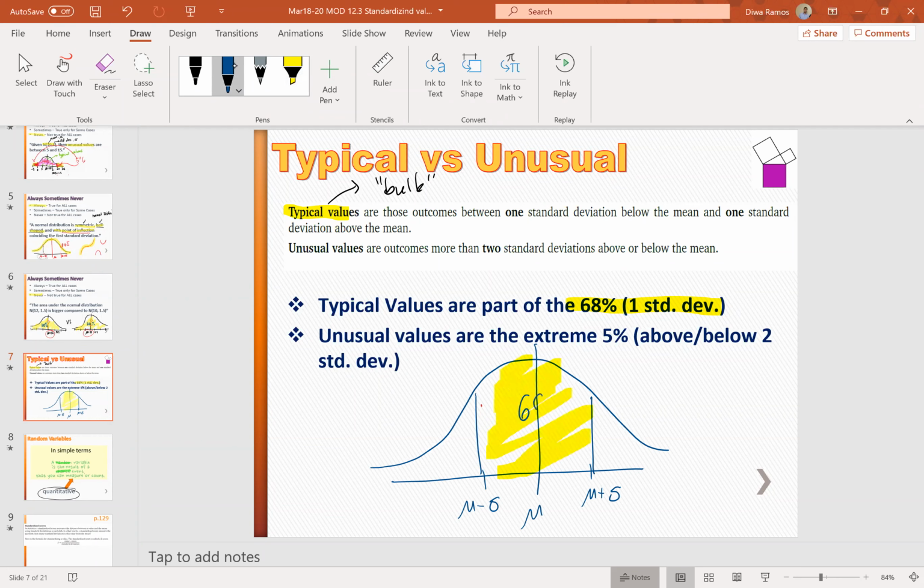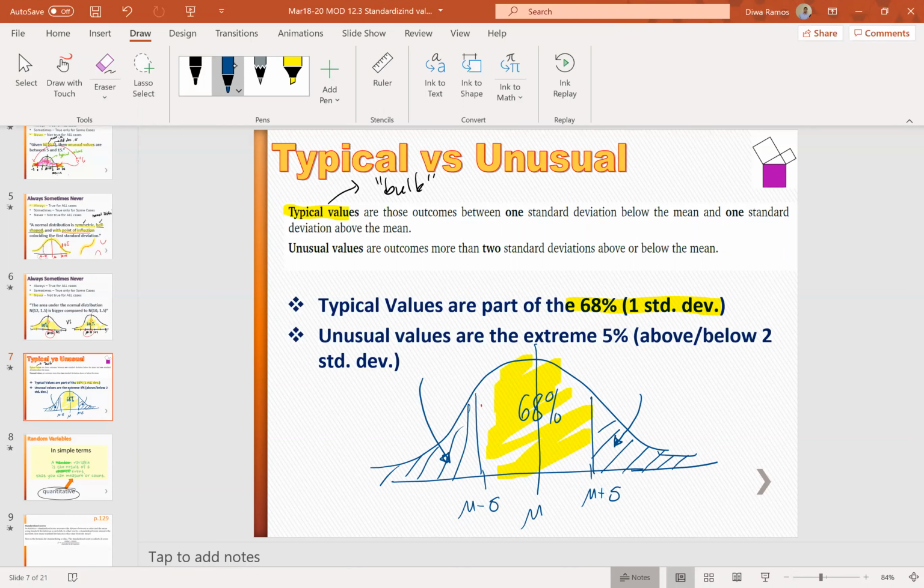That's the majority. That's above 50%. The majority of your data are within one standard deviation. Now, the area here and here starts to go lower and lower, or the amount of data there becomes less and less as you move towards the end of the tail.